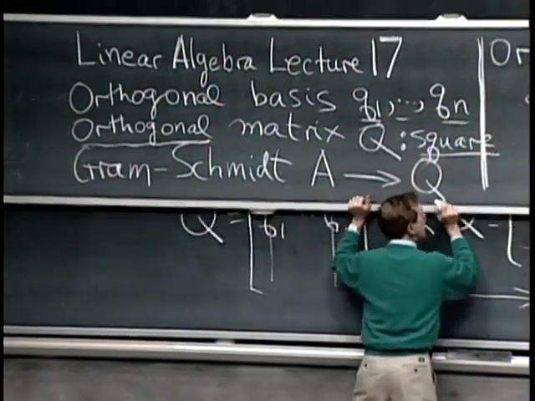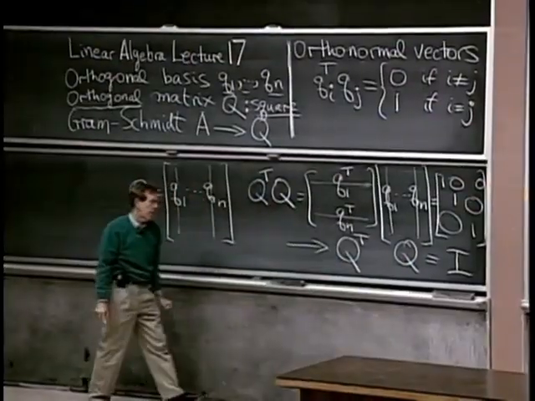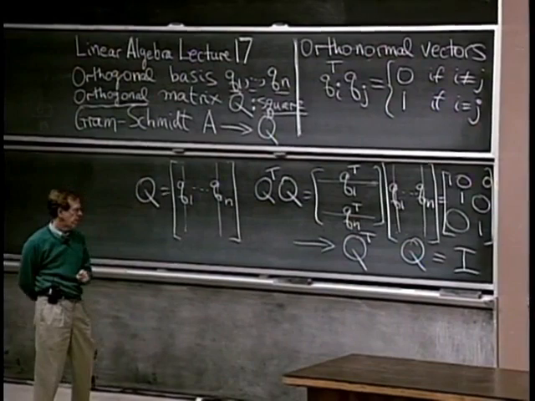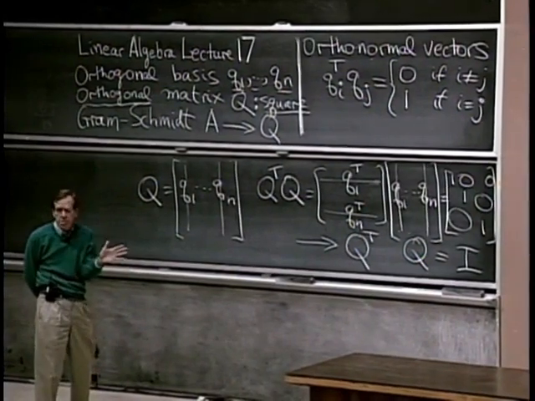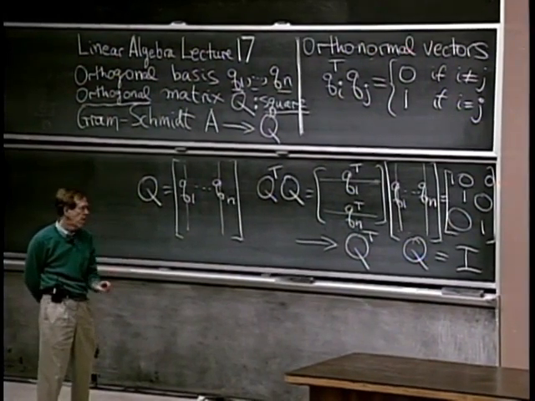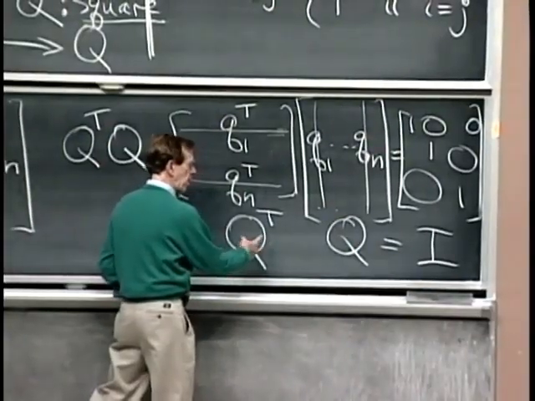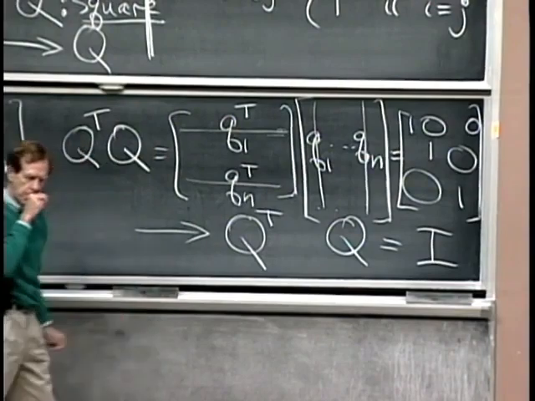So in the case when this is a square matrix, that's the case we call it an orthogonal matrix. And what's special about the case when it's square? When it's a square matrix, we've got its inverse.